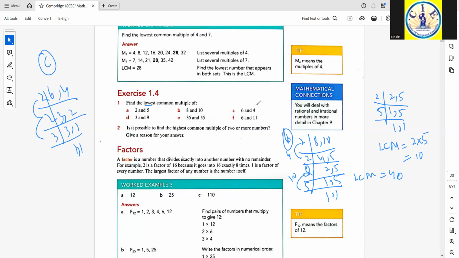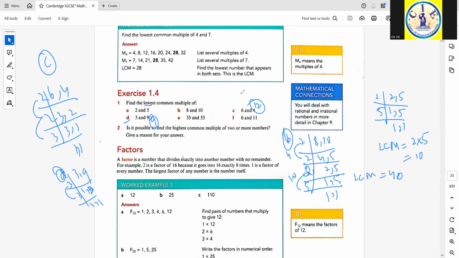So this answer is 12. Similarly, for part D, the lowest common multiple of 3 and 9. 3 ones are 3. So 3 threes are 9. The LCM is going to be 9.